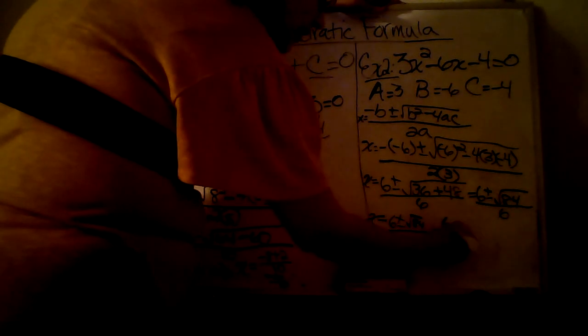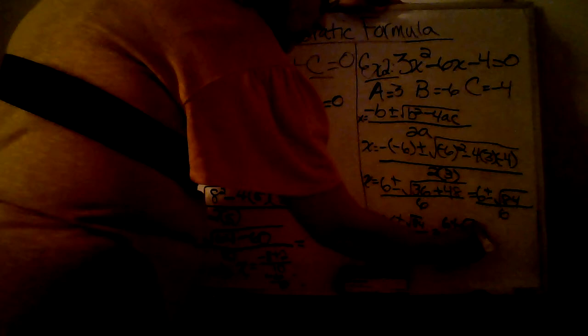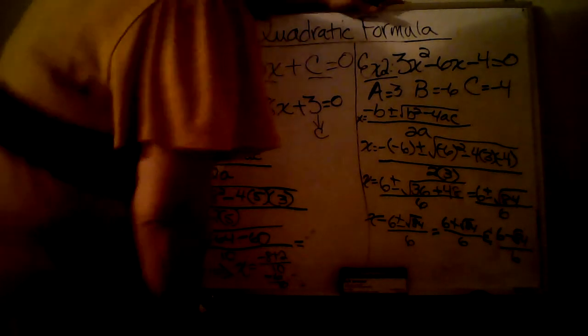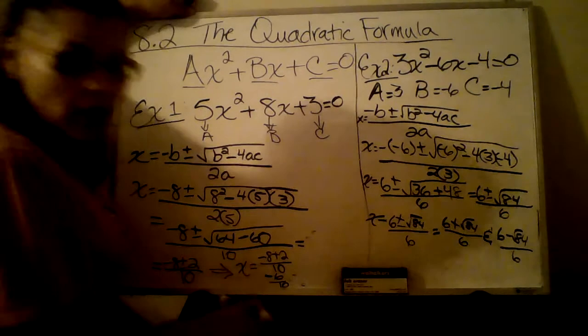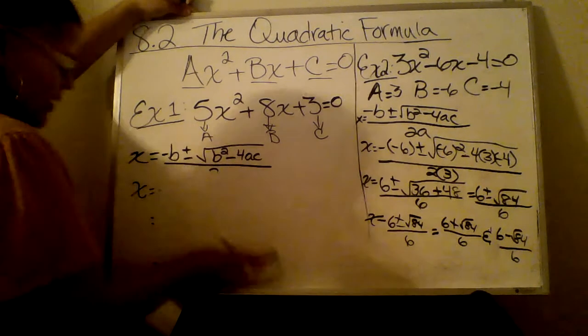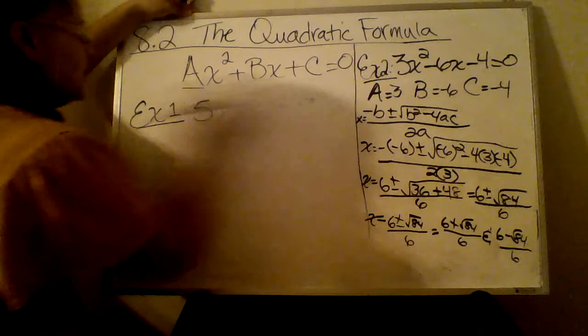So then it's 6 plus square root of 84 over 6, and 6 minus square root of 84 over 6. All right. I'll put that stuff over here and make a little bit more space, so we don't need this anymore.